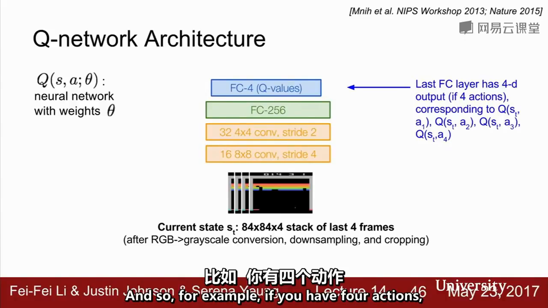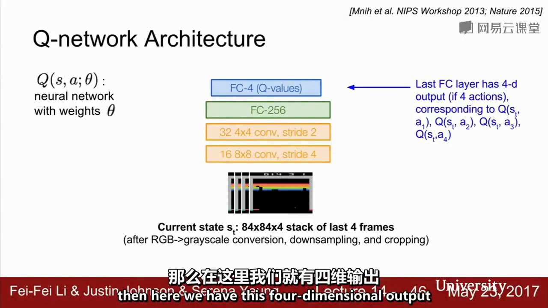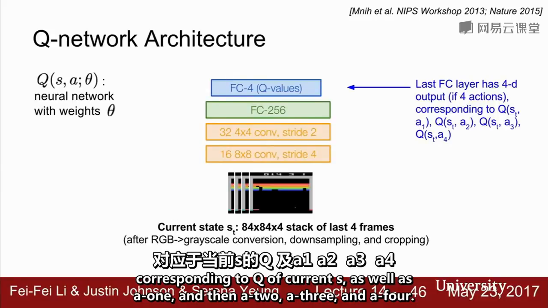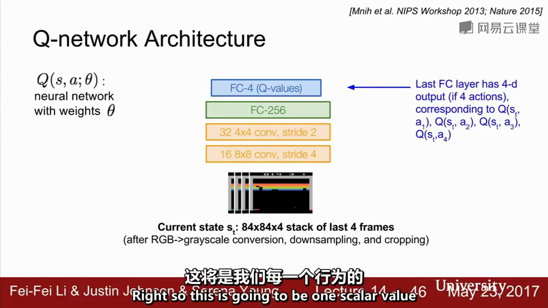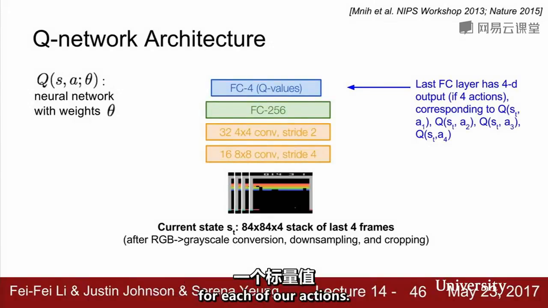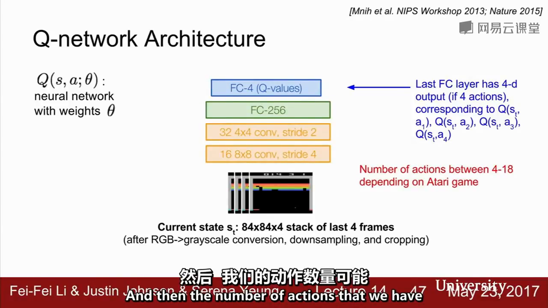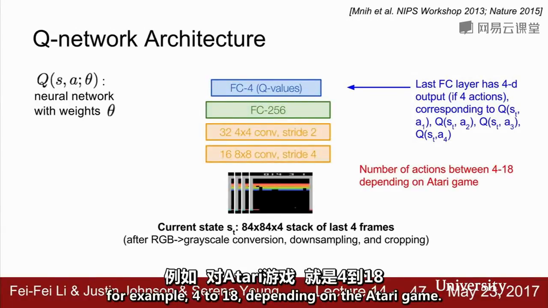For example, if you have 4 actions, then here we have this 4-dimensional output corresponding to Q of current S, as well as A1, A2, A3, and A4. So this is going to be one scalar value for each of our actions. And the number of actions that we have can vary between, for example, 4 to 18, depending on the Atari game.